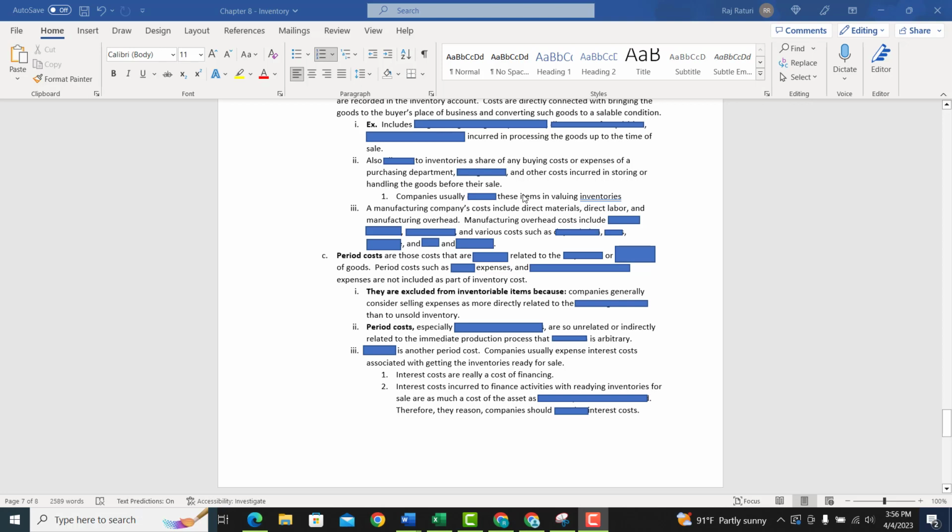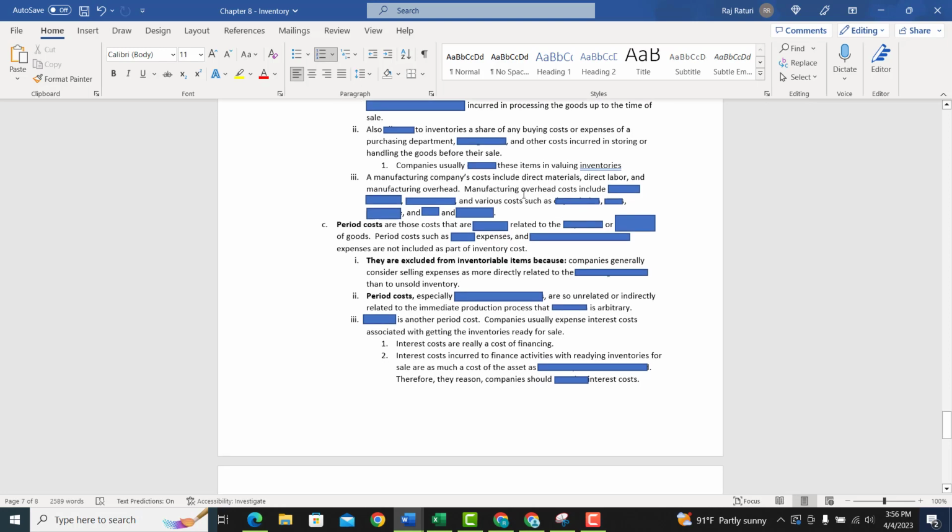Also, allocating to inventories a share of a buying cost or expenses of a purchasing department. Storage costs and other costs incurred in storing or handling the goods before their sale.